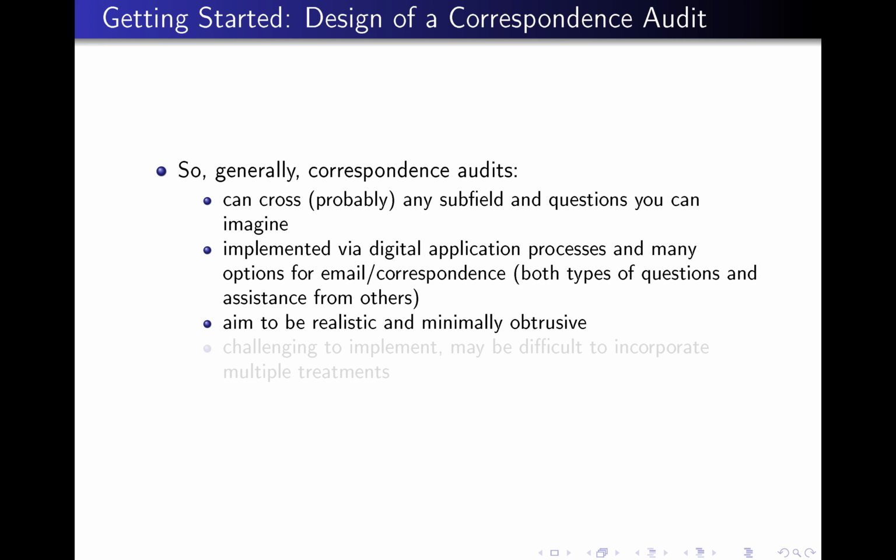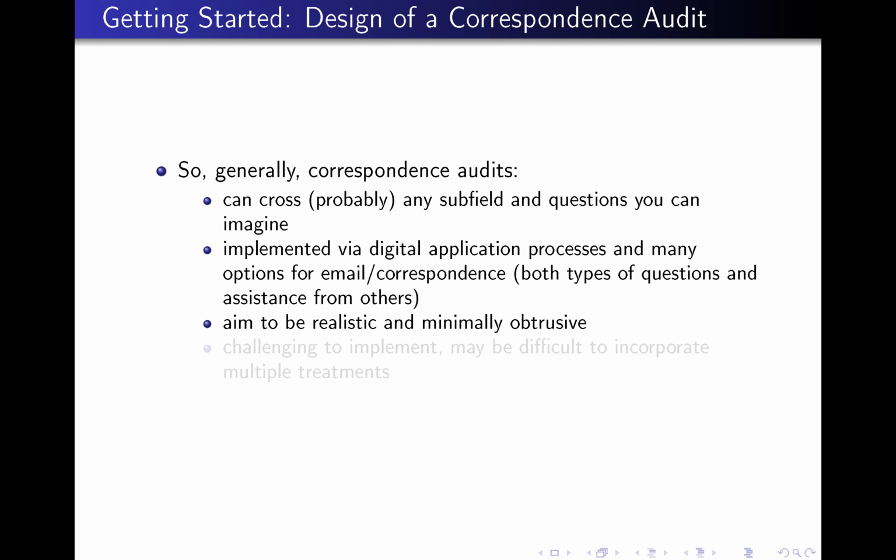So to continue on here, when you're designing a correspondence audit, and this gets back to the previous thing about asking for information that you could Google, you want to try to be realistic and minimally obtrusive. So realistic means, is this something that actual people are doing, right?